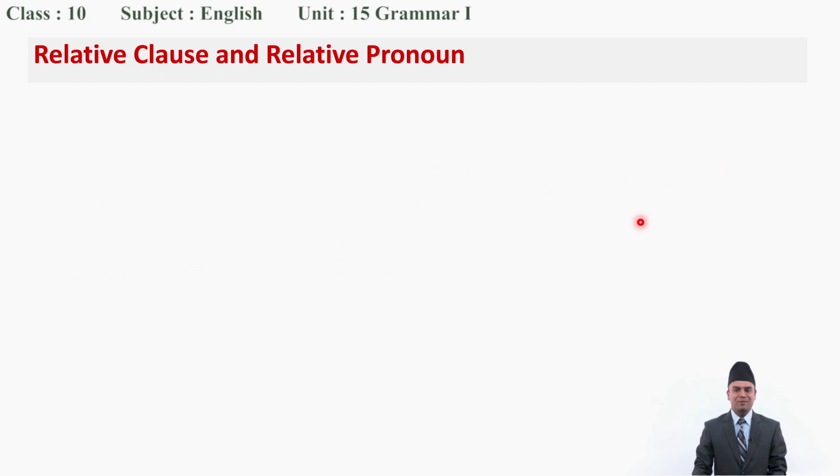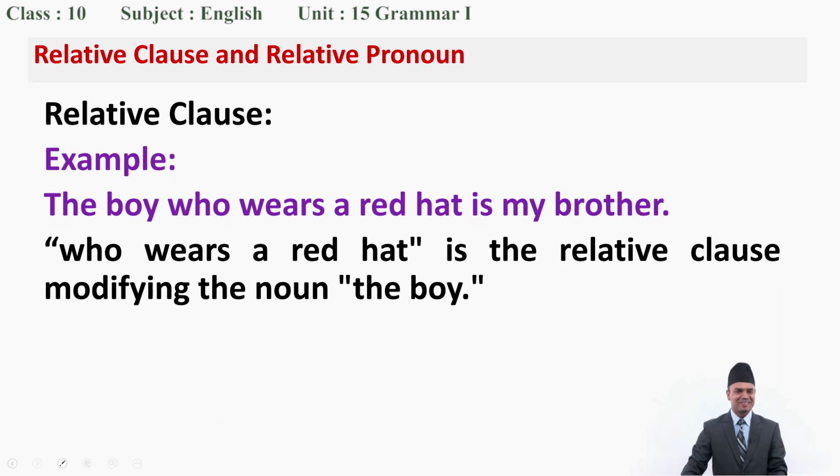Okay, now let's have an example of a relative clause. Let's read this example. The boy who wears a red hat is my brother. In this example, who wears a red hat is the relative clause, modifying the noun the boy.